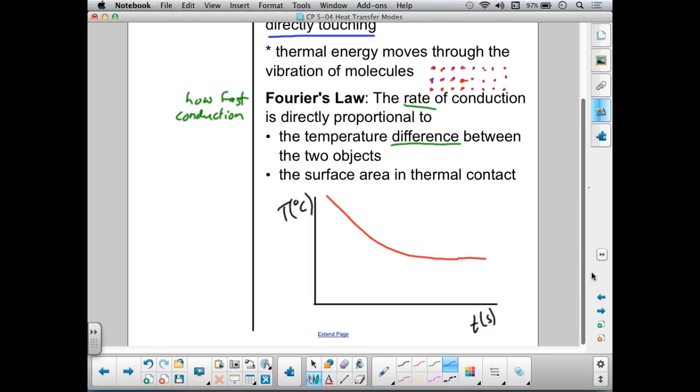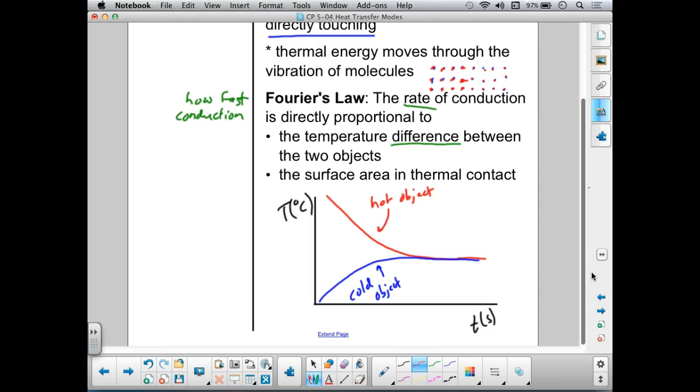And the cold object, if I have them touching, is going to gradually come up to that same temperature. So here we have the cold object, and up here is the hot object.